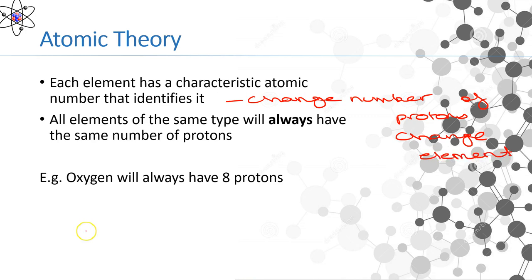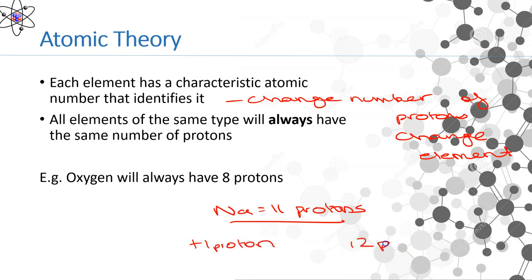I cannot have a sodium atom without 11 protons. Every sodium atom will always have 11 protons. As soon as I add one proton, now I have 12 protons. That's no longer sodium, that is going to be magnesium.